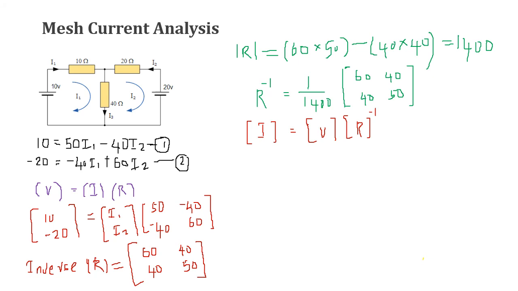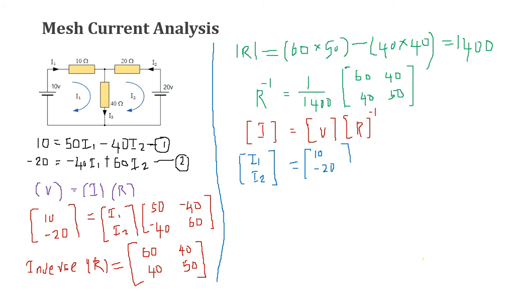For the I matrix, there are two currents, I1 and I2, equal to, for the V matrix, 10, minus 20, and for the R inverse matrix, 1 over 1400 into the matrix 60, 40, 40, 50.